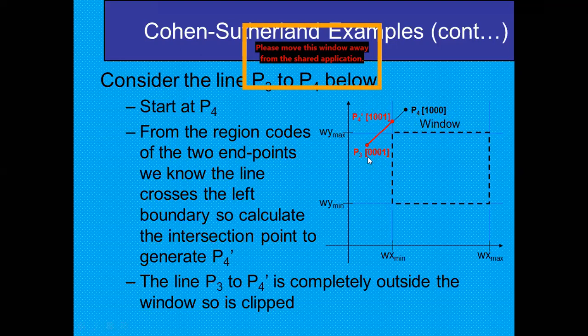Another point is coming in this region, then this is also fixed, 0001. You can check the 9 region codes here. You can assign the 4-bit codes here. These are fixed, and you can assign them.